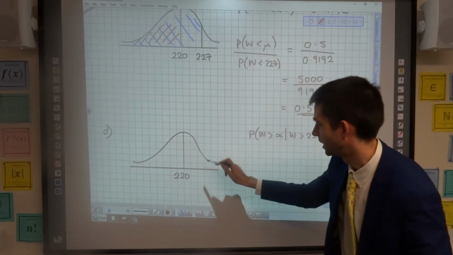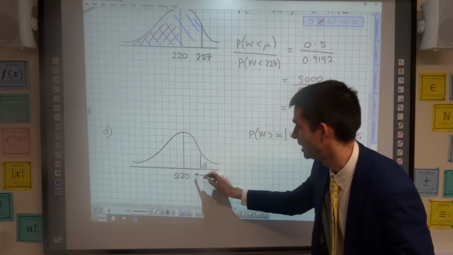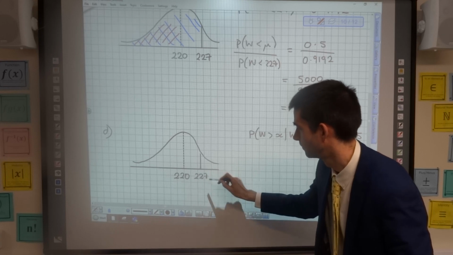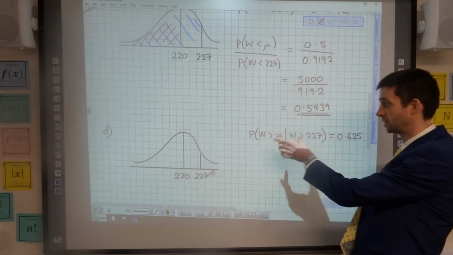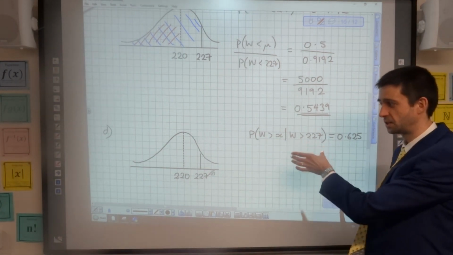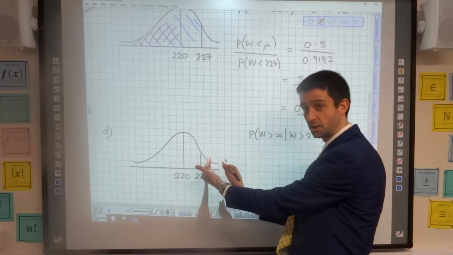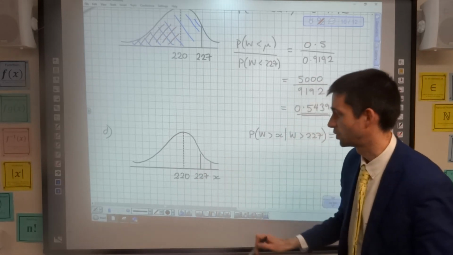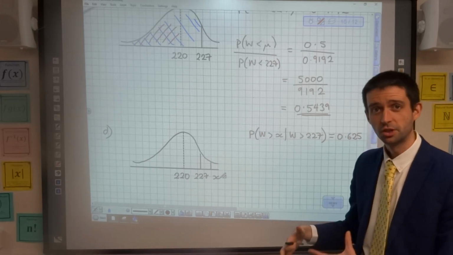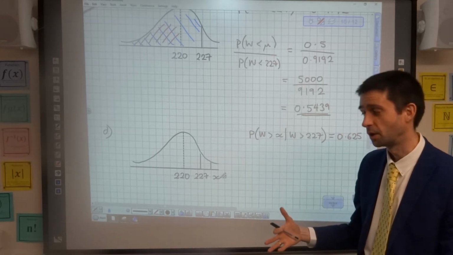So we're saying, here's 227, and what's the probability of being greater than x, given that we're already greater than 227? Well, if we know we're already greater than 227, x must be up in this section of the normal distribution. So straight away, x has to be more than 227.